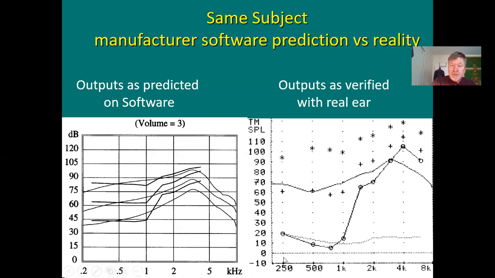Because frequency on the bottom, now follow my cursor, 0 dB HL, in other words, MAP, minimal audible pressure. Now you can see the guy's hearing loss, a real precipitous hearing loss, increasing in the highs. And you can see the asterisks, frequency-specific loudness tolerance levels.